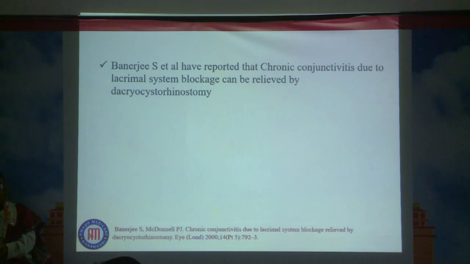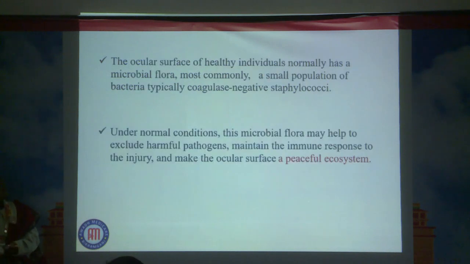Banerjee et al. have reported that chronic conjunctivitis due to lacrimal system blockage can be relieved by DCR. The ocular surface of a healthy individual normally has a microbial flora, most commonly a small population of coagulase negative staphylococci. Under normal conditions, this flora may help to exclude harmful pathogens, maintain the immune response to injury, and make the ocular surface a peaceful ecosystem.